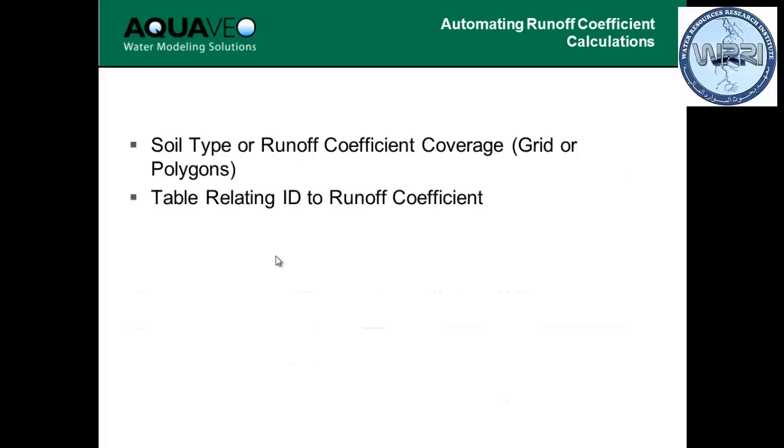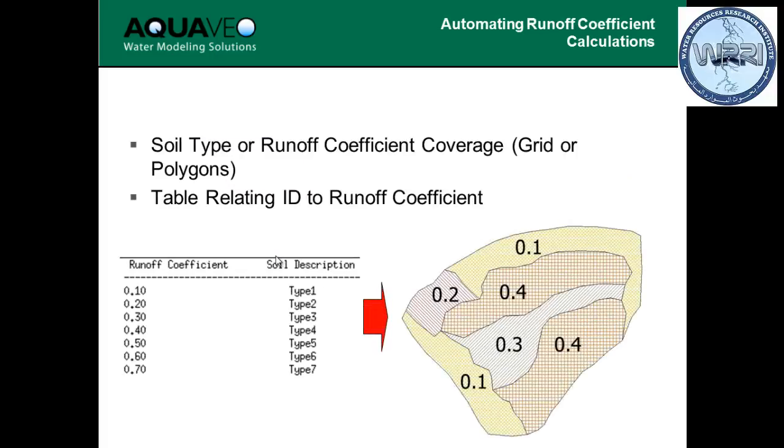You can also automate runoff coefficient coverage calculations. The way you do that is you define a coverage called a runoff coefficient coverage, and in it you define polygons with different runoff coefficients. Then you run the rational method. You guys know the rational method?